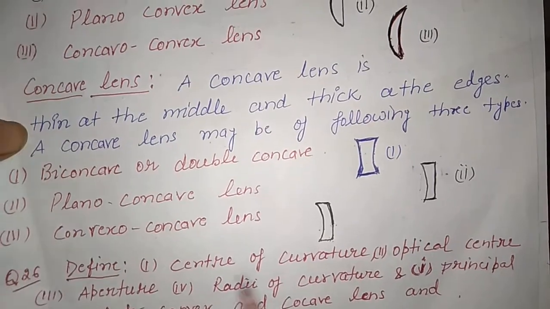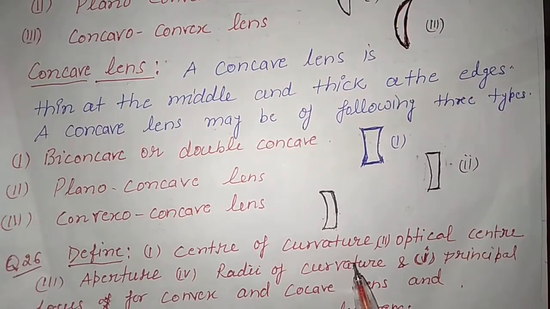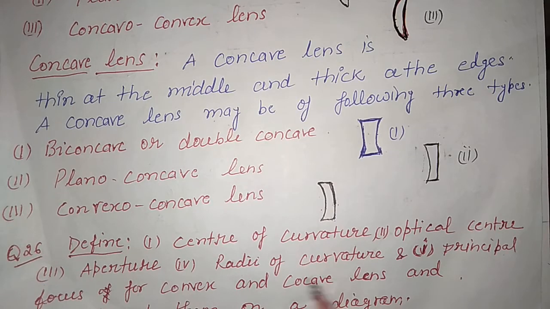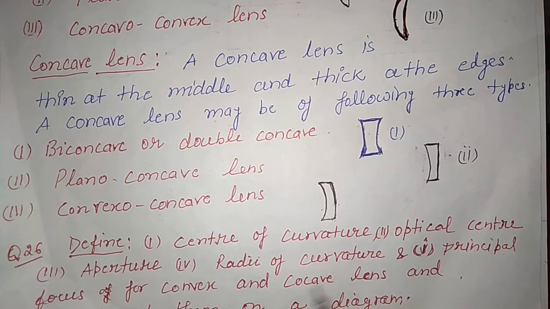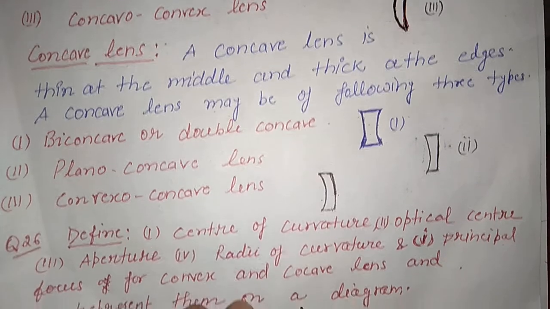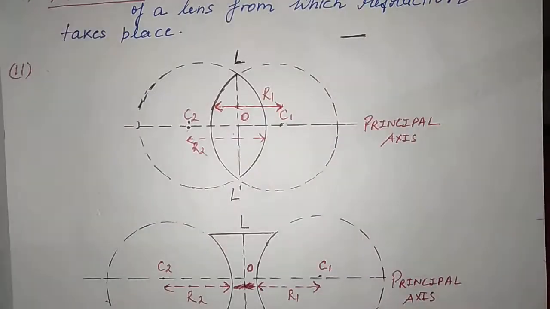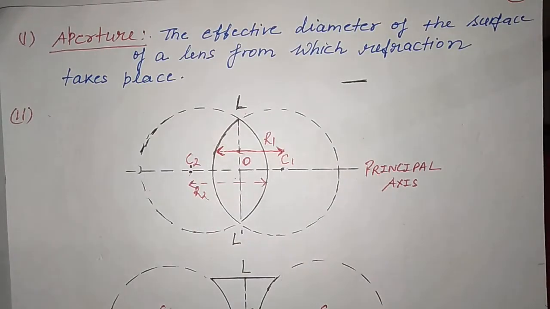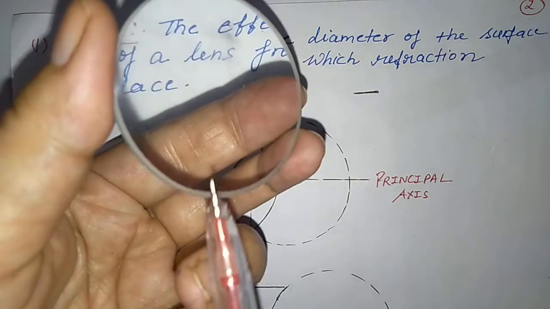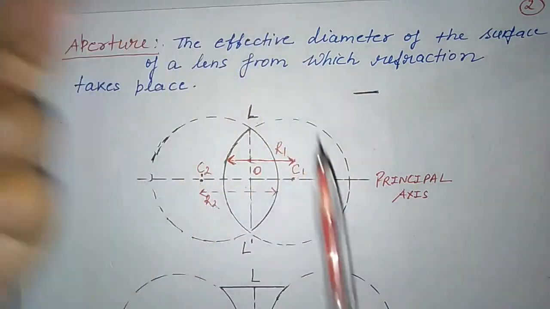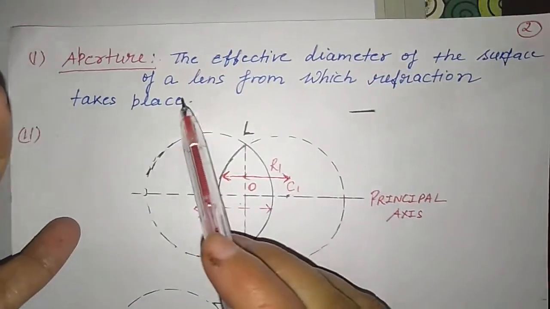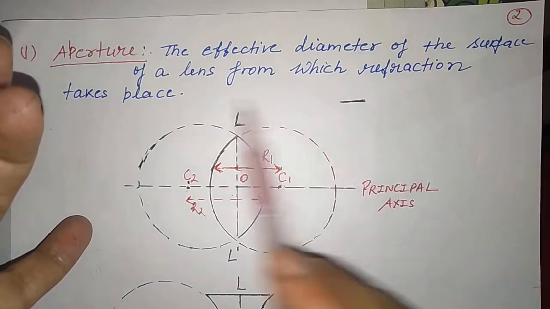Now define center of curvature, optical center, aperture, radii of curvature, and principal focus for convex and concave lenses, and represent them on a diagram. Next is aperture. You can see the diameter here: the effective diameter of the surface of a lens from which refraction takes place.